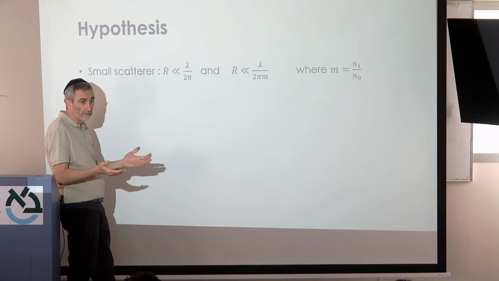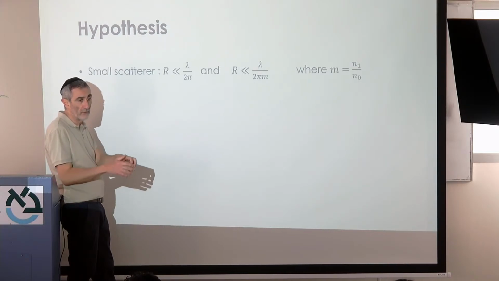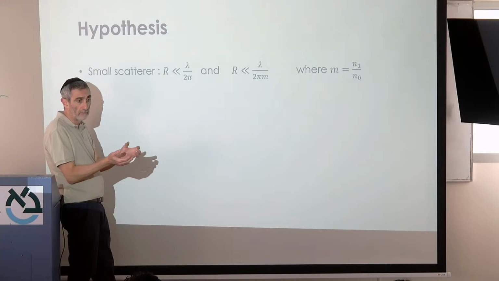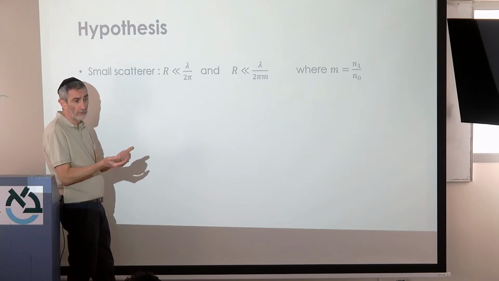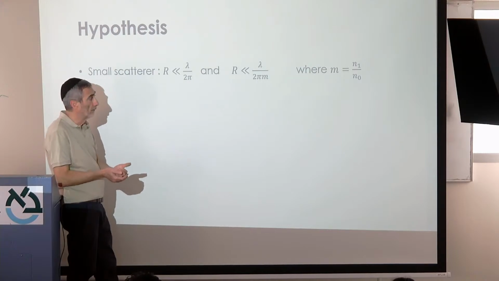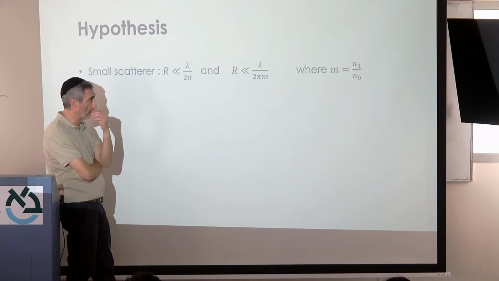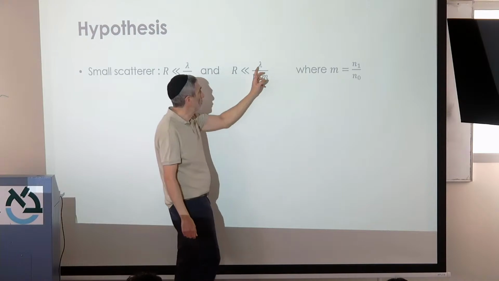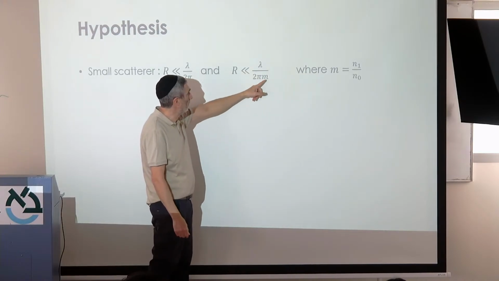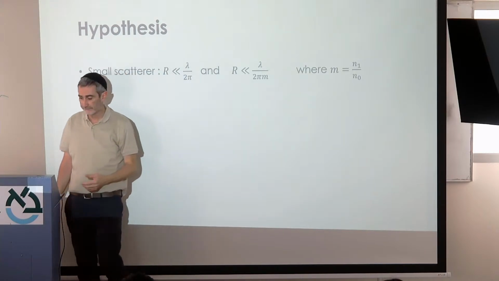If you put, say, a bit of glass inside water, the contrast will be small. N1 is the one inside and N0 is outside. In general, N0 is 1, and here you have to consider lambda over N1, which is smaller than lambda itself.